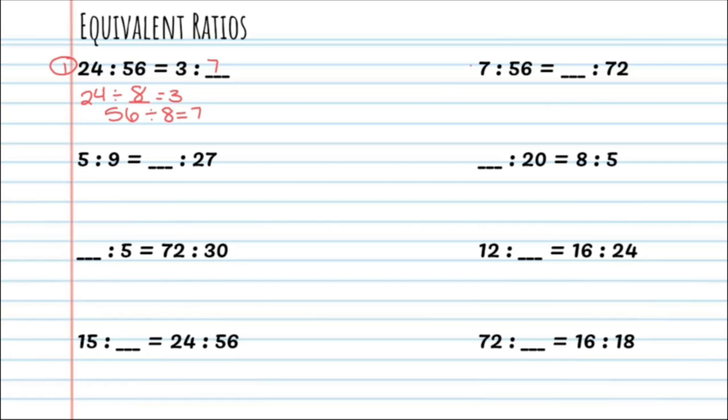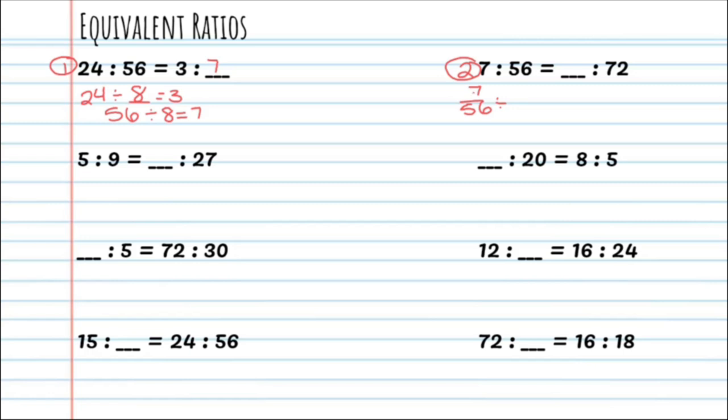Now let's come over here and look at number 2. We're starting with the ratio of 7 to 56, and we're wanting to get to something to 72. So we're relating this 56 to the 72 here. First thing we need to do is simplify this ratio down to its simplest form. And the easiest way to look at that is to turn it into a fraction, because we are more comfortable working with fractions.